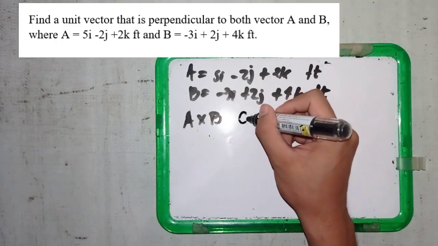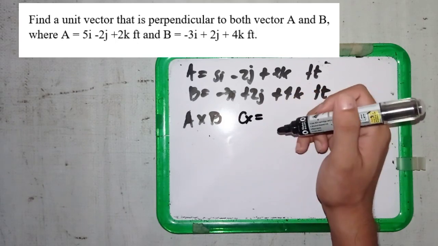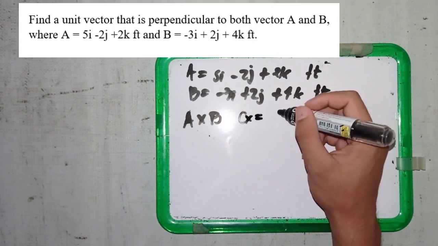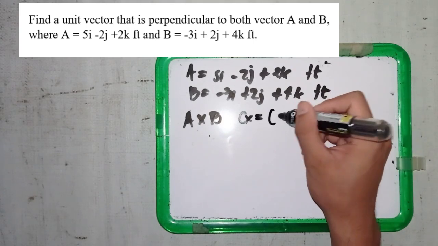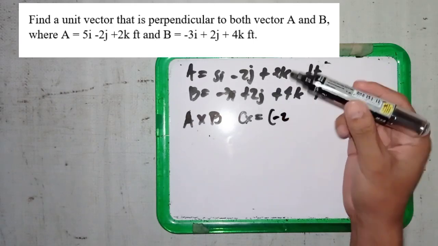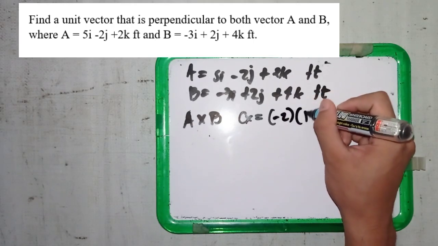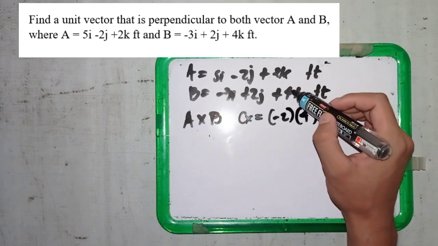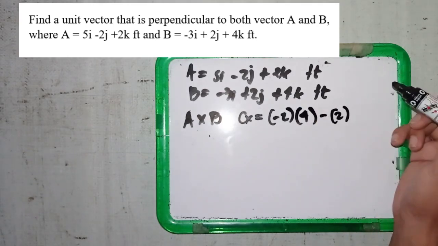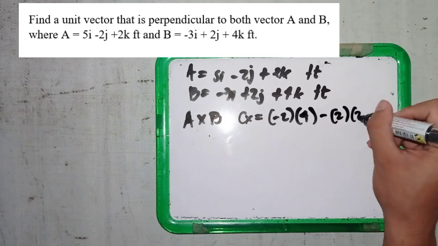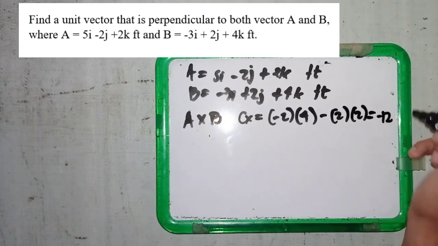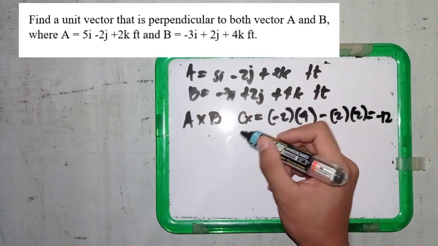So this will be cx, the x component of the C vector or the perpendicular vector. So if we are going to solve, we can use this -2 here times 4 here and minus 2 times 2, and we can have -12 for the cx component.